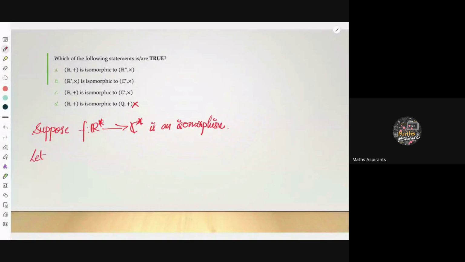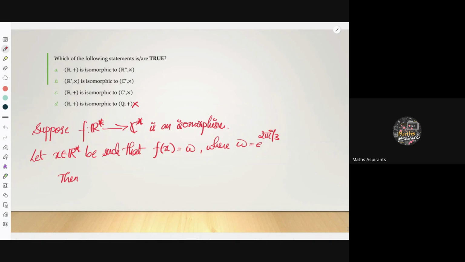Let x in R star be such that f of x is equal to omega, where omega is basically a primitive third root of unity, e to the 2 pi i by 3.